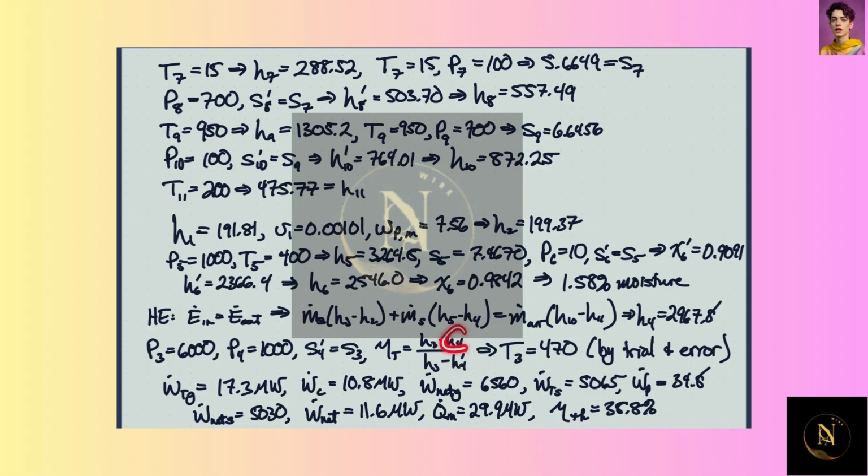So our guess for H4 would be this, and then we also need H4, so we can get H4, so that would be our guess there, and so that needs to be consistent with the pressure at 4. Yeah, so that needs to be consistent with the pressure at 4, so that we have a consistency condition so that we can trial and error. Anyway, we get our temperature of 470 degrees Celsius.